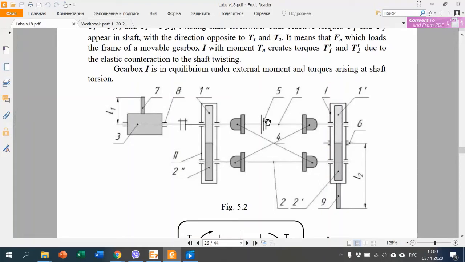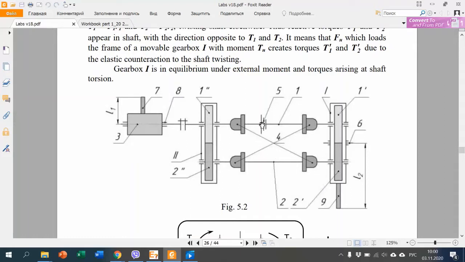Turn it in any direction. And when we turn the shaft, the shaft acts on the wheel, the wheel acts on the pinion, the pinion acts on a tooth, and this tooth can't turn because it's fixed by means of this part of the loop.